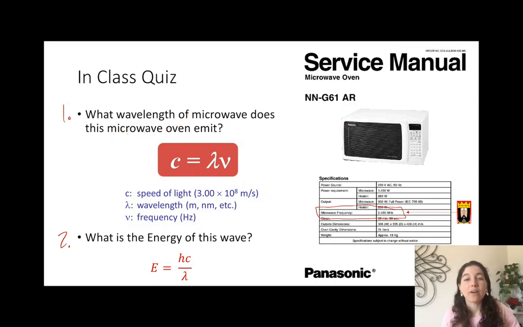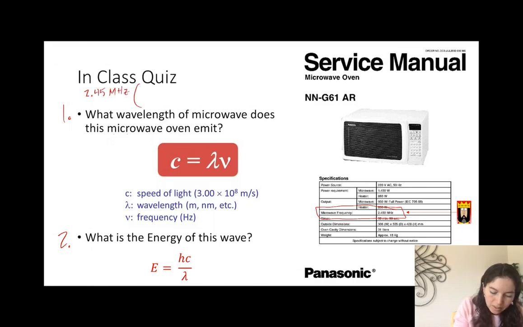All right, let's take a look at how to solve this problem. So we want to first start with our megahertz and get that into hertz. So 2.45 megahertz. We're going to need to convert that into regular hertz. We know that mega is 10 to the 6.